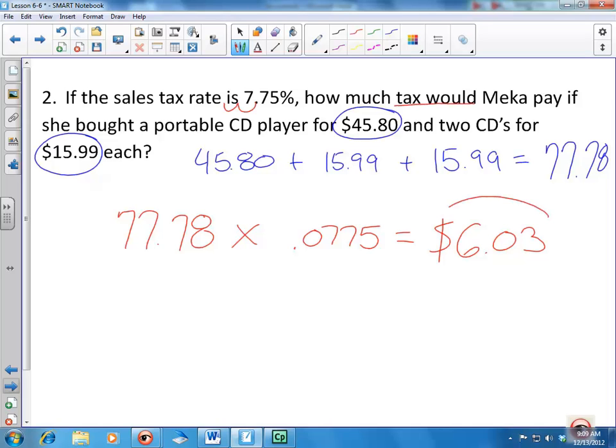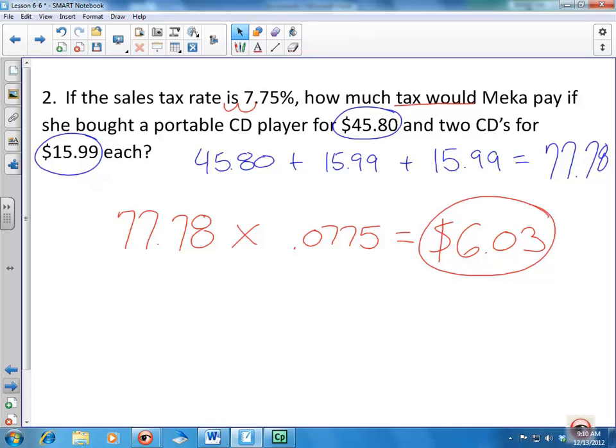Now, be careful, because on your assignment, sometimes it'll ask you, what was the total price that she spent for all the items, including tax, in which case we'd have to take that $6.03 and add that back to the $77.78. And that would be our total. Okay? But this one asks us, how much tax did she pay? Which, that's our answer. Not that difficult.